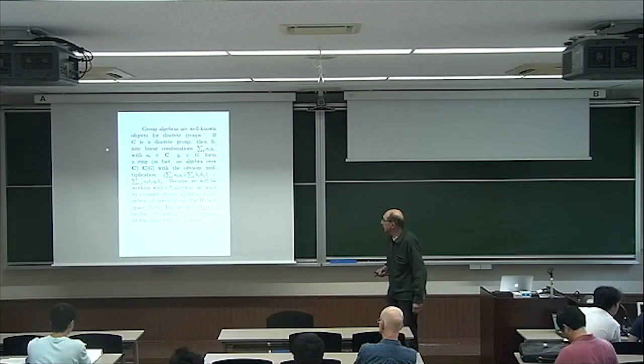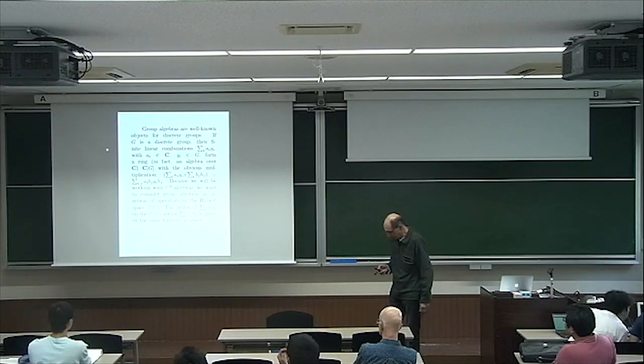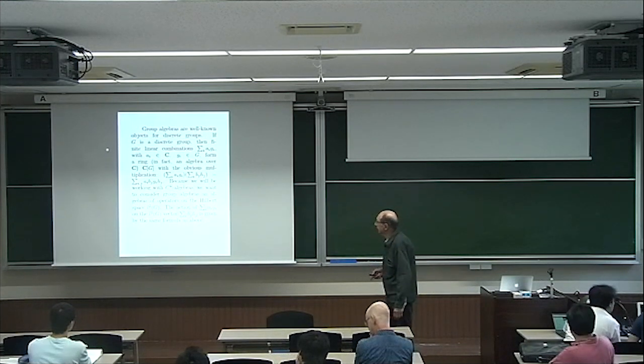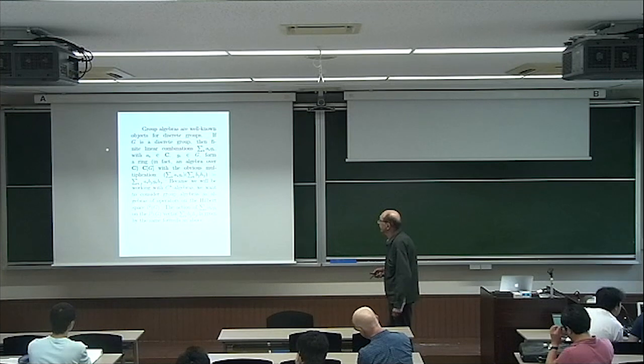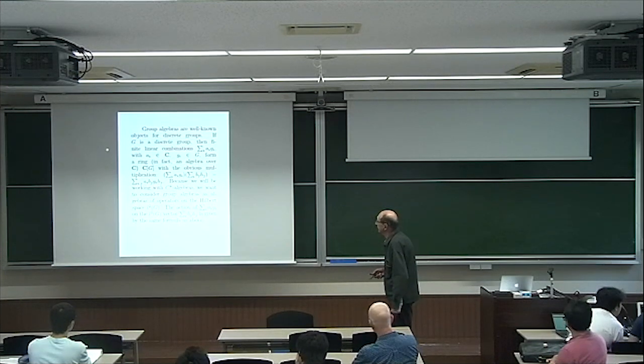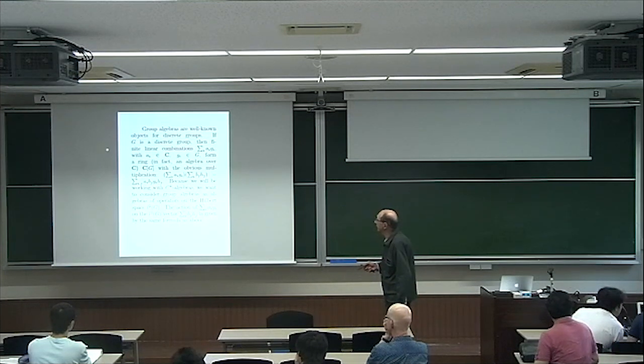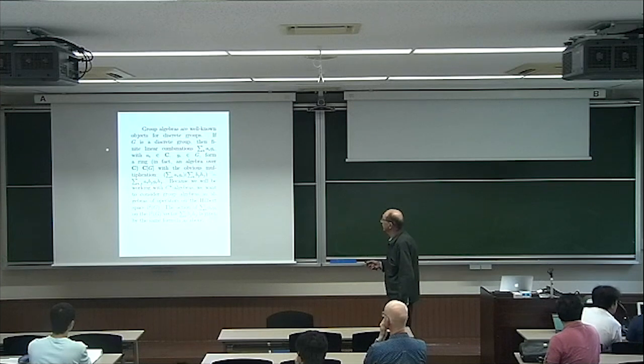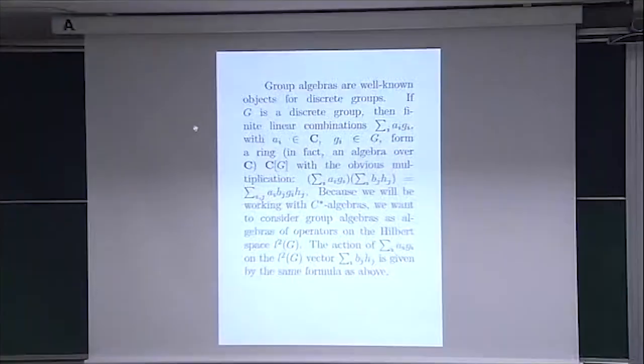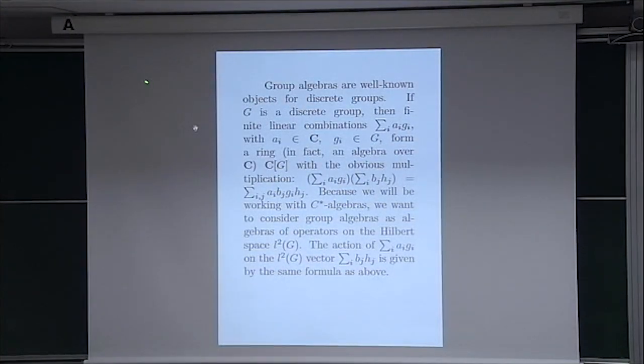And let's start with simple things. So what is a group C-star algebra? You take a group. If it is a discrete group, you just consider finite linear combinations of elements, where the g are elements of the group, and coefficients a will be complex numbers. We need really complex numbers because we want to go into C-star algebras.